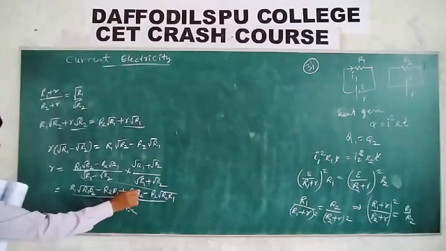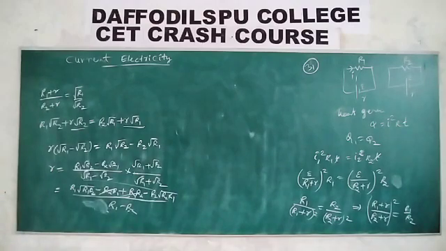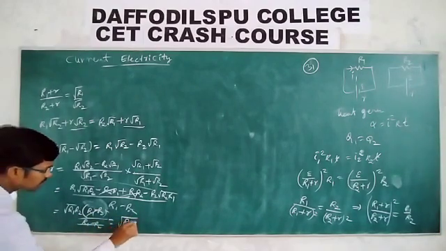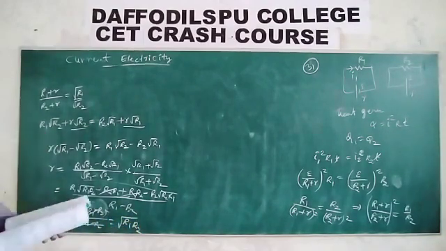Then you can see these will be cancelled. You can take root R1 R2 as common. R1 minus R2 by R1 minus R2 will be cancelled. Then the internal resistance is root over R1 R2.